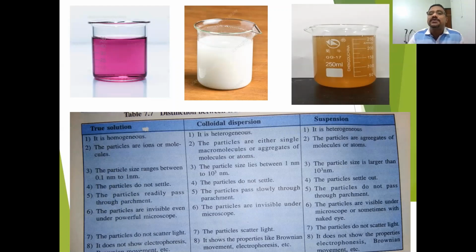Our second classification of the solutions is depending on the particle size. So what makes the bifurcation of the solutions depending on the particle size? What are the different examples of solutions? I have already told you the salt solution, in which salt is added to water. In water, you may add sugar, which forms the sugar solution. Different examples are there. We have already seen that air is also a solution.